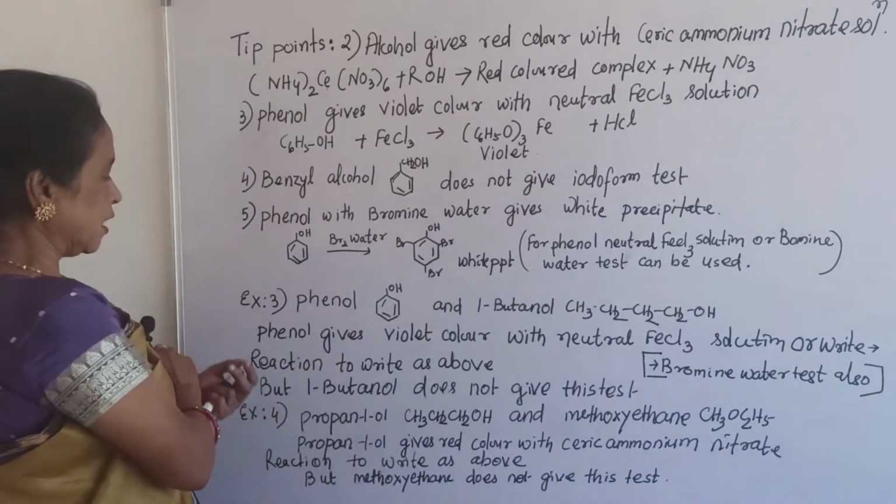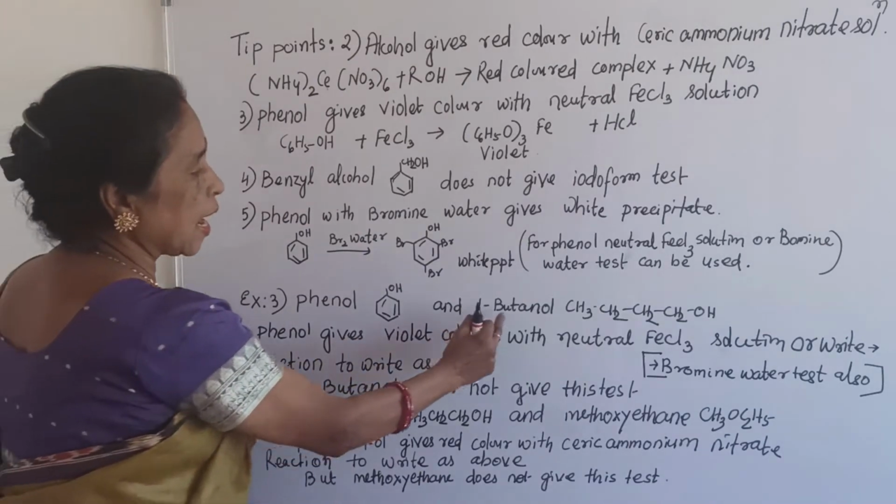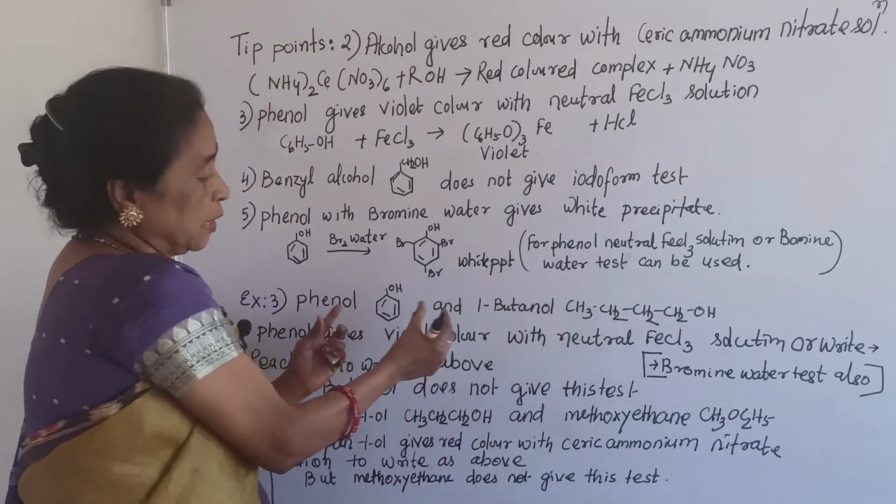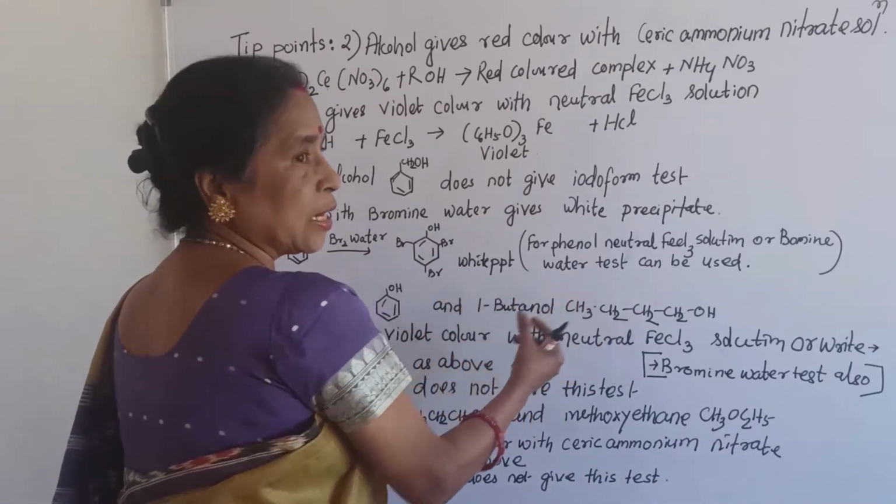So you will see example 3, where phenol and 1-butanol, that means simply phenol and simply 1-butanol.